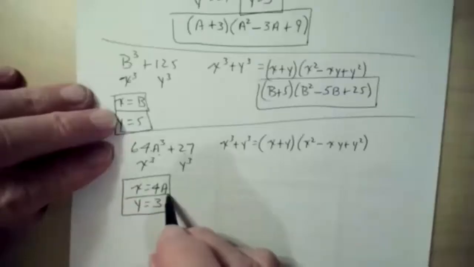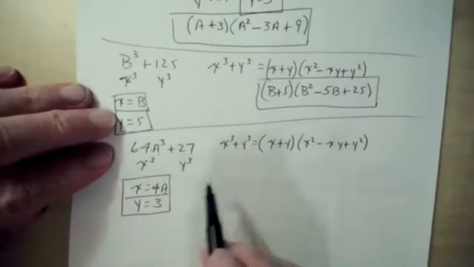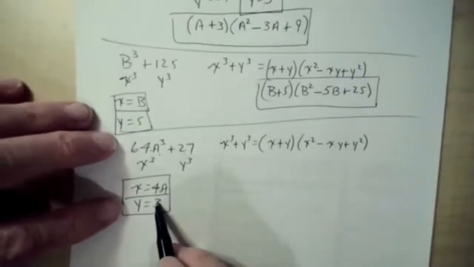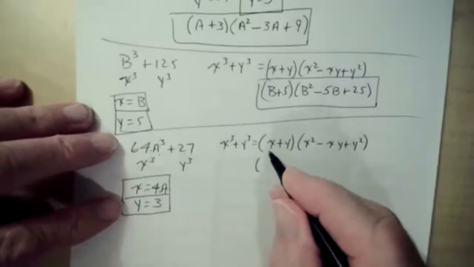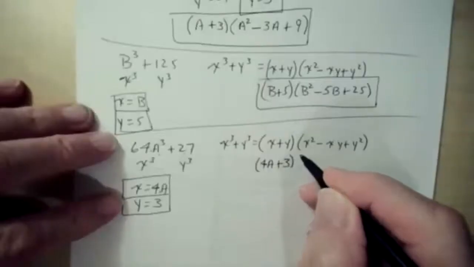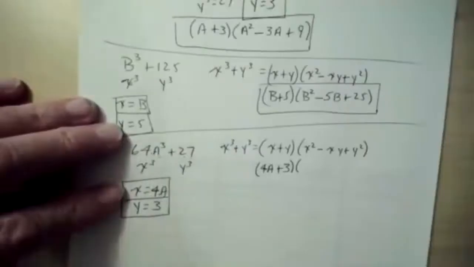Excellent. And what's our y? 3. Good. Now, wherever there's an x, we're going to plug in 4a. Wherever there's a y, we're going to plug in 3. And what's our x? 4a. Good, plus 3.